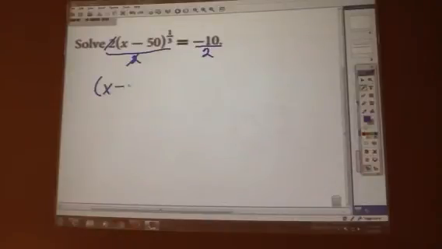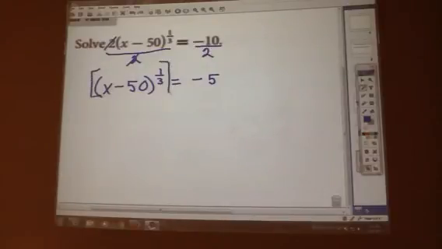So that leaves me x minus 50 to the 1/3 equals negative 5. Now, just like we did on, I think, example 2, the second one that I did, how do I get rid of to the 1/3 power?